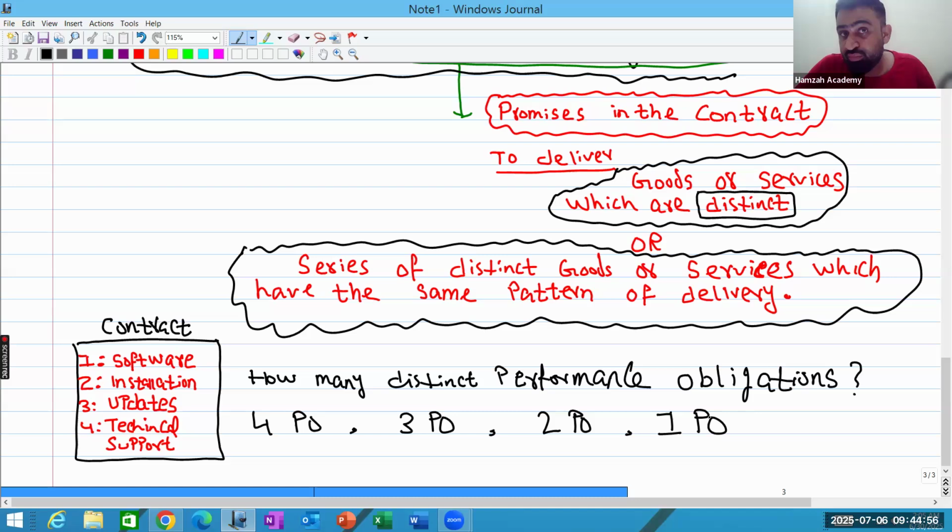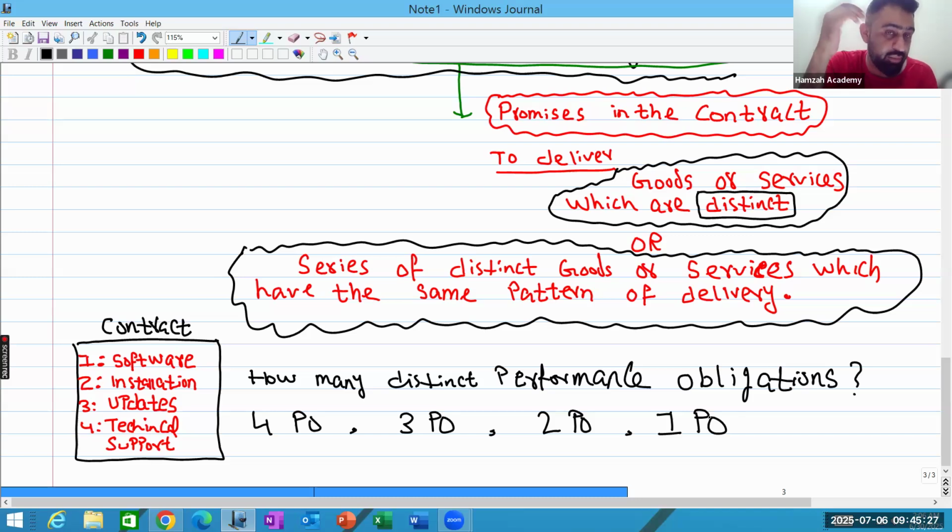When I'm saying that we may have 4 performance obligations, in that case, delivery of software is 1 performance obligation, installation is a 2nd performance obligation, providing the updates is a 3rd performance obligation, providing technical support is a 4th performance obligation. And in case of 3 performance obligations, we may have to integrate the software installation into a single performance obligation.